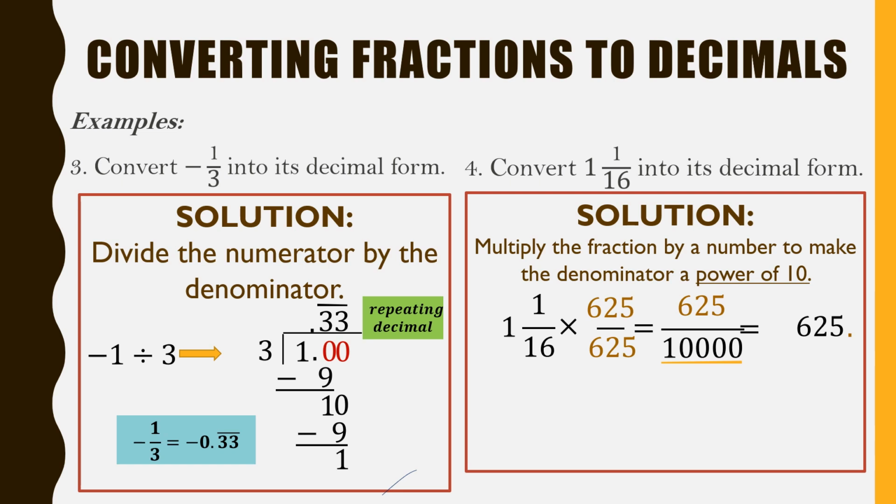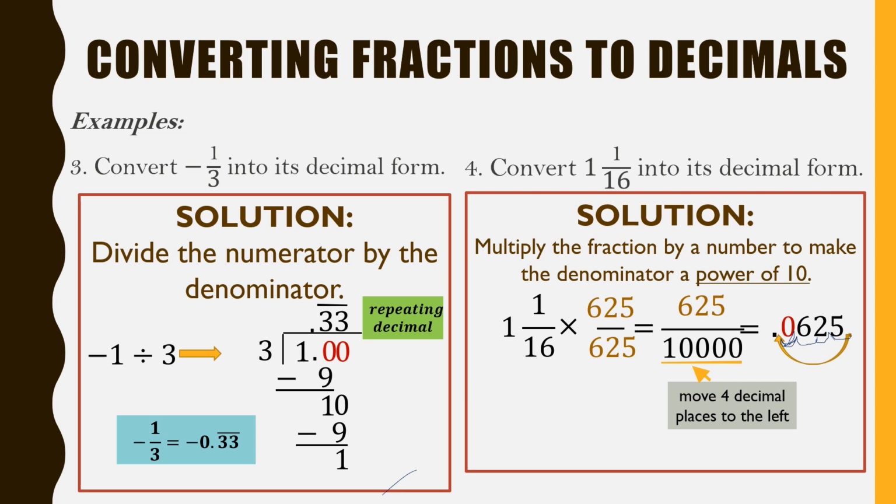Okay, so we have 1, 2, 3, and 4. There is a space here, which means that we have to annex a 0. So we are going to add 1 zero because there is a space here.